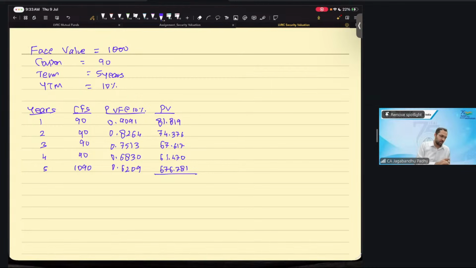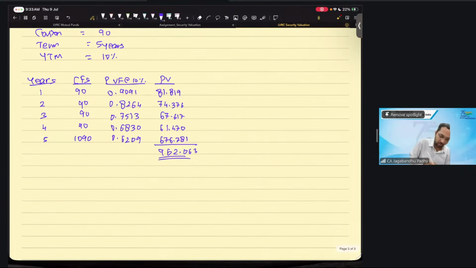Then we just take the total: 81.819 plus 74.376 plus 67.617 plus 61.470 plus 676.781. So we have the answer as 962.063. And this is essentially the value of the bond.